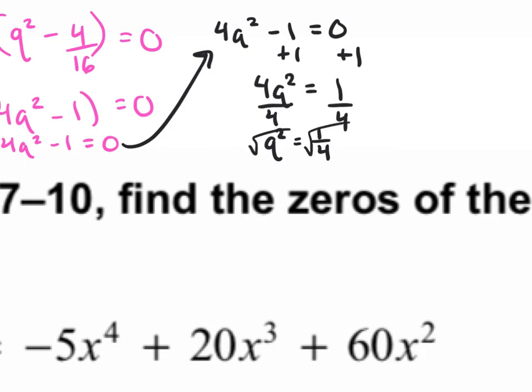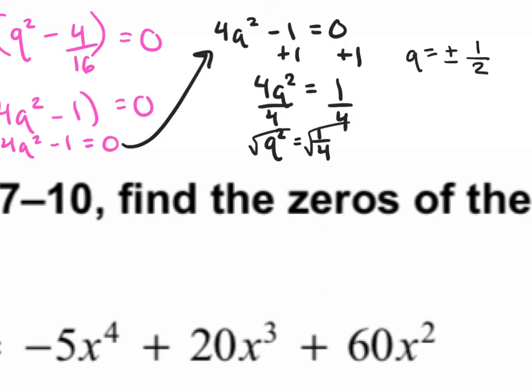Alright, so we take the square root, so then what's q equal to? What's the one thing you can't forget when you take the square root of both sides? Plus or minus. And then what's the square root of 1? And then what's the square root of 4? 2.